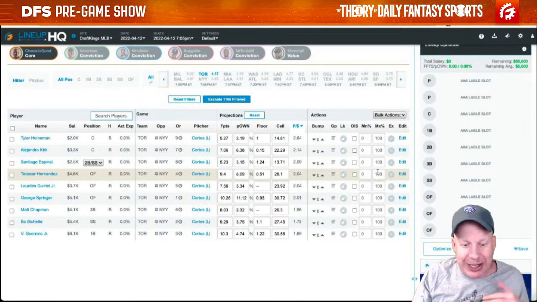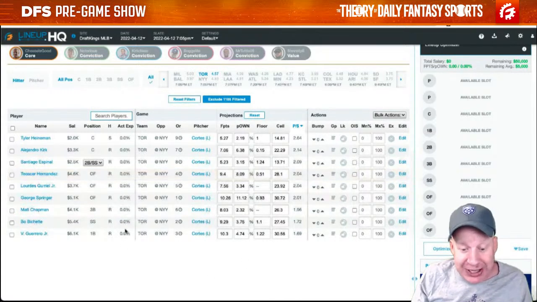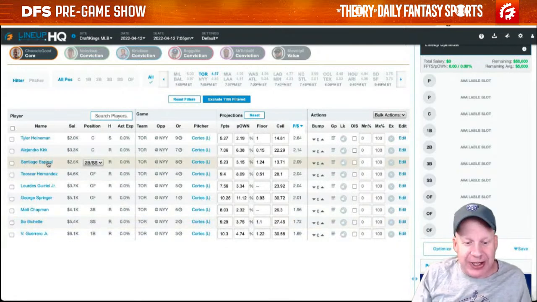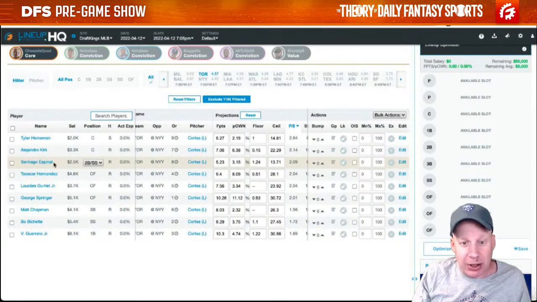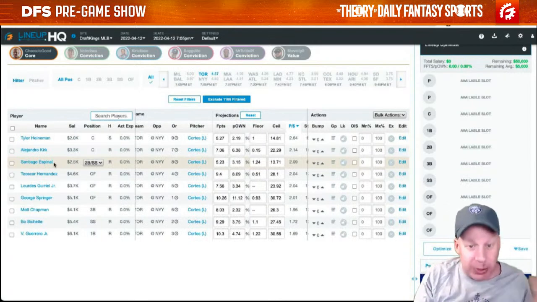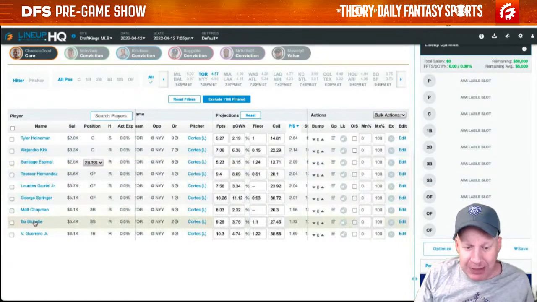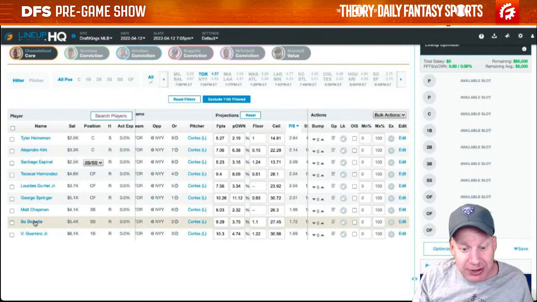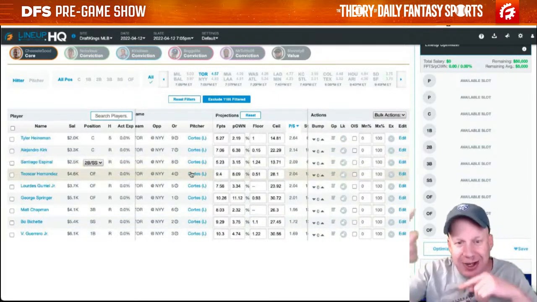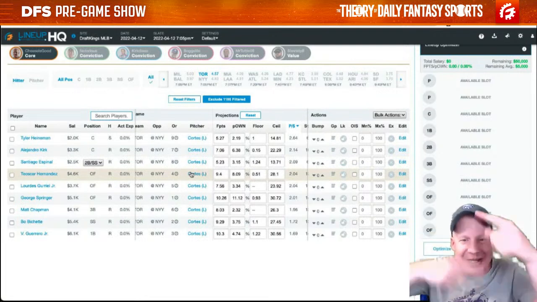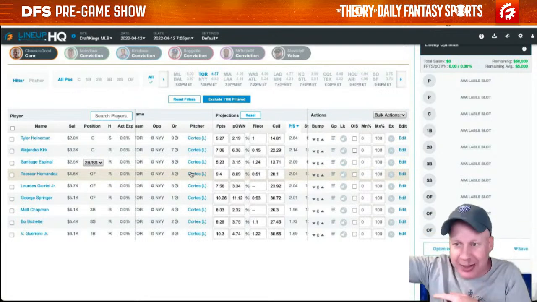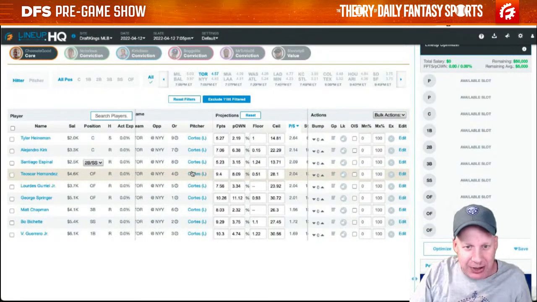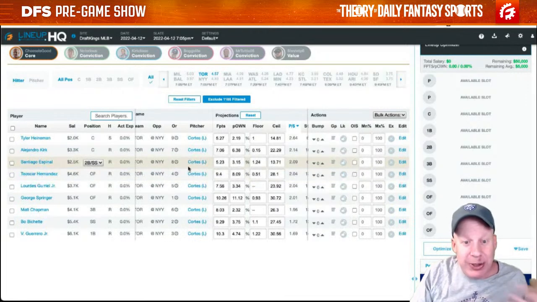So I start getting more Springer, more Gurriel, more Bo Bichette at shortstop, because Santiago Espinal is in 8 out of my 20 Blue Jays stacks and Bo Bichette's only in 2 of them. So now I want the other way around, even if it needs to find a one-off elsewhere that is a cheap guy. So I would do stuff like that.